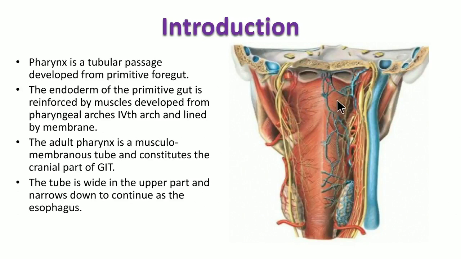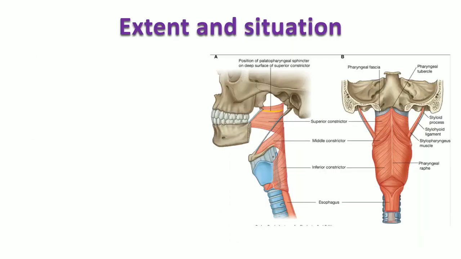Here again, you should remember that your respiratory passage is also an offshoot from the foregut, because the tracheoesophageal septum divides, and the anterior part forms the trachea, which dichotomously divides to form your bronchi, primary, secondary, and tertiary bronchi, and so on. With this short introduction, we will directly pass on to the extent and situation of the pharynx.